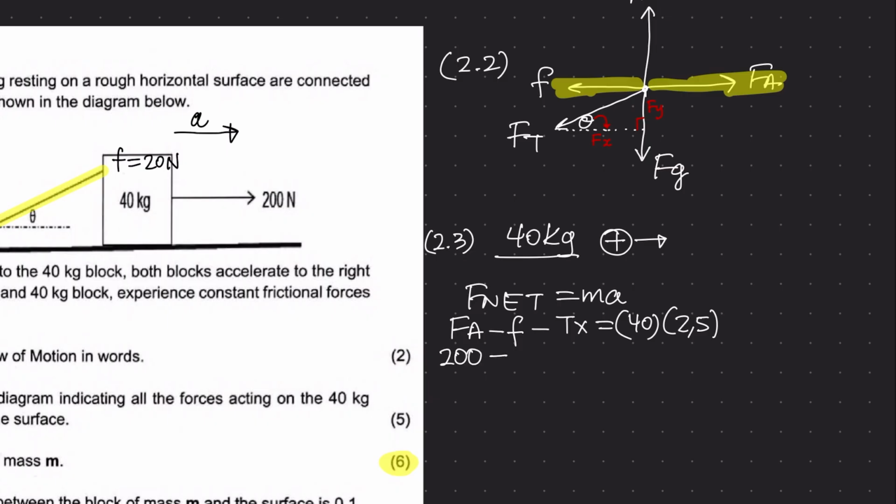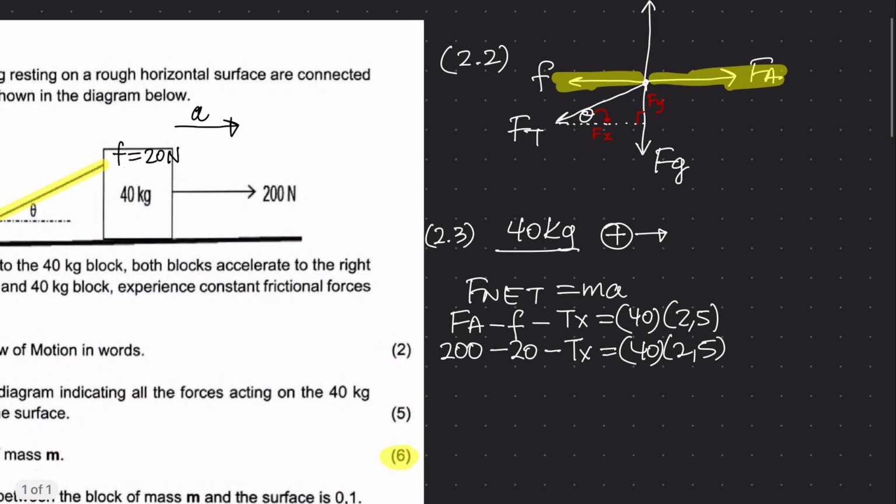We know the friction is 20. Then minus the horizontal component for tension. I'm calling it Tx. So x meaning horizontal and then T meaning the tension. That's equal to 40 multiplied by 2,5. We can solve for Tx now. And Tx is actually 80 newtons.